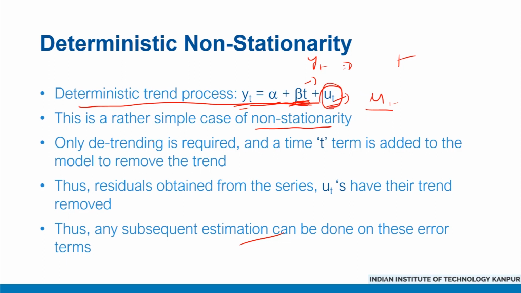So to summarize, in deterministic non-stationarity, all we need to do is model out the time trend and then work on the residuals. Please remember, we have studied two kinds of non-stationarity, stochastic and deterministic.